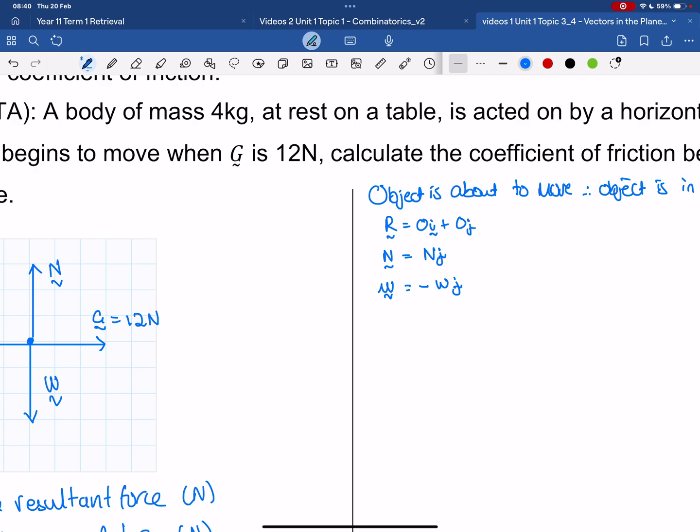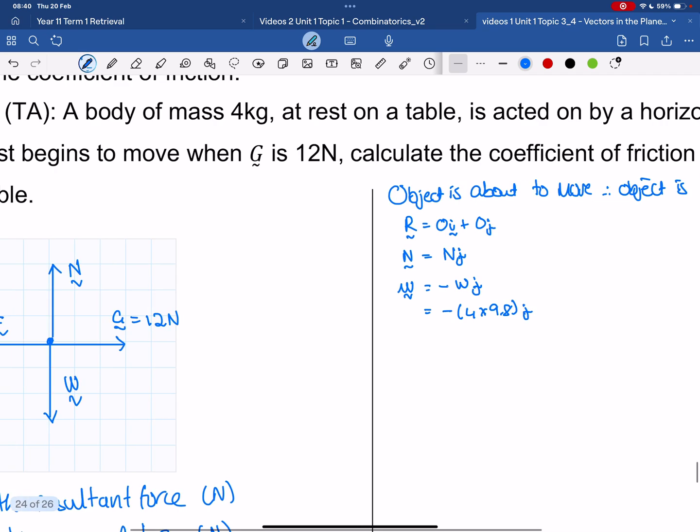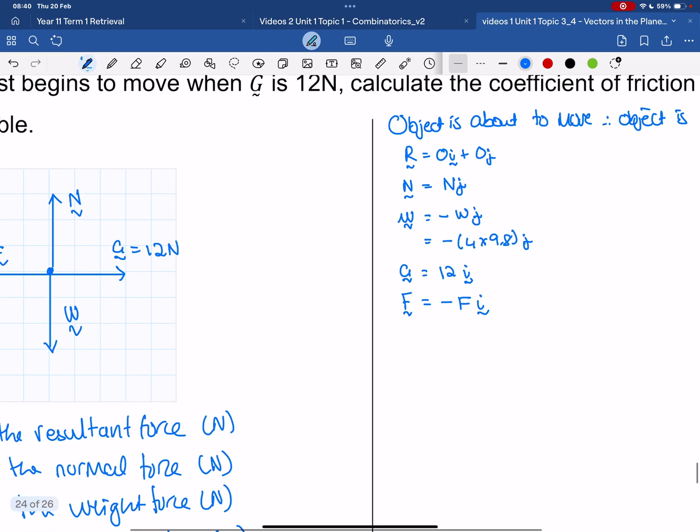Now, we know that W is mass times gravity, so W is negative 4 times 9.8 J. Okay, our G is acting only in the I direction, and it's in the positive I direction, so that's going to be 12I, and F is acting in the opposite direction to I, so it must be negative Fi.